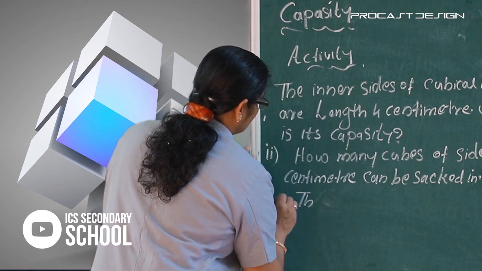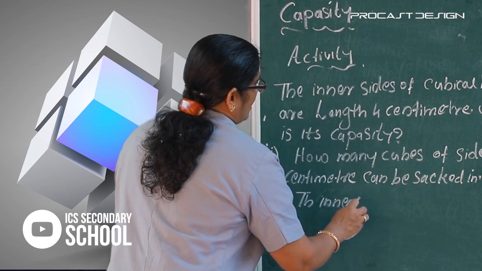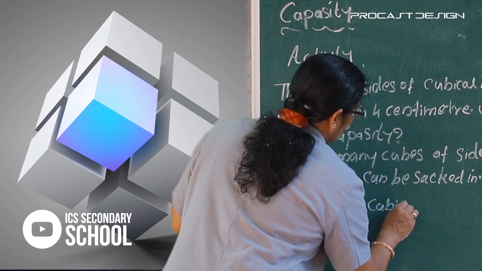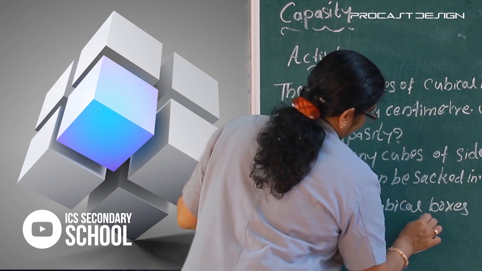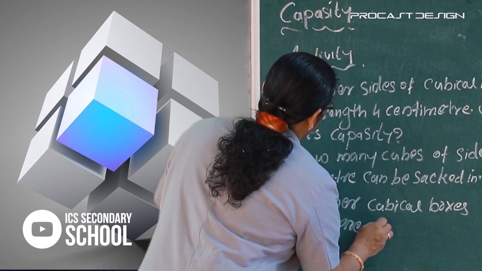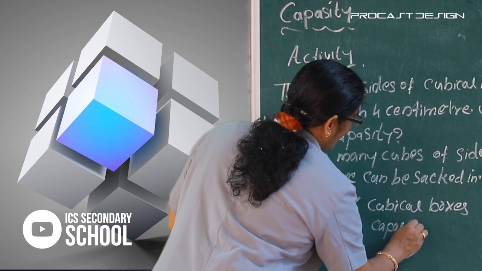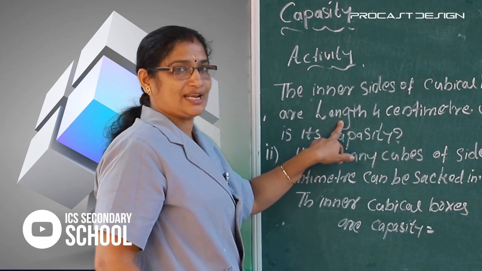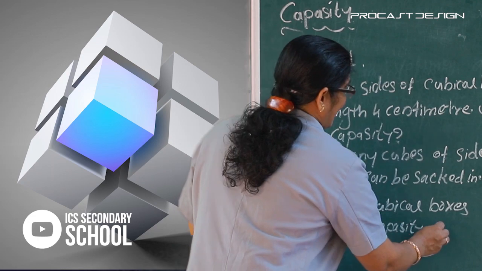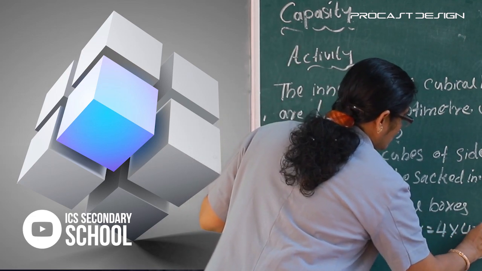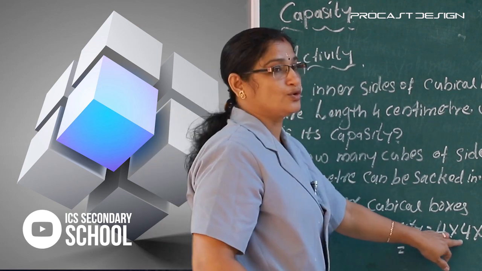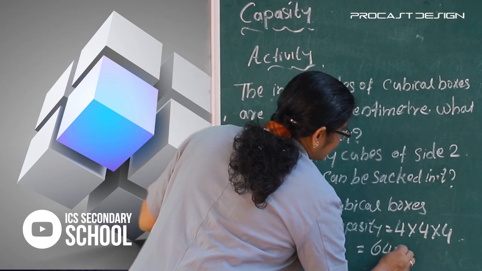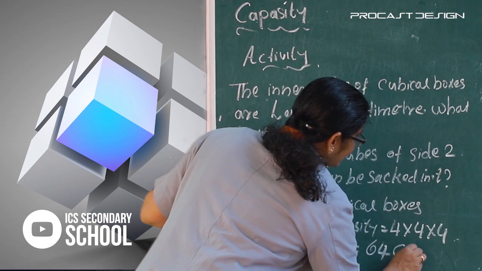Capacity is length into breadth into height, 4 into 4 into 4. 4 into 4 is 16, 16 into 4 is 64 cubic centimeter.